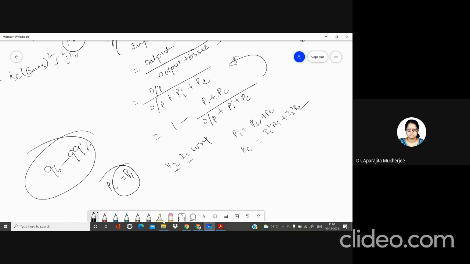So copper loss depends on current, that is I1 square, I2 square. Iron loss depends on voltage. Whatever alternating voltage we are giving, the flux is there, so ultimately it depends on the voltage.